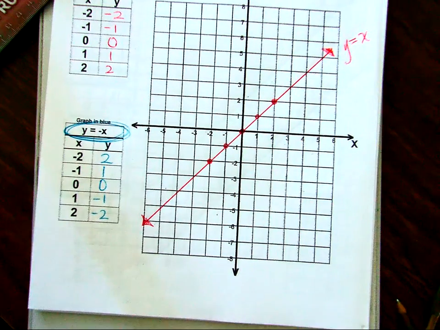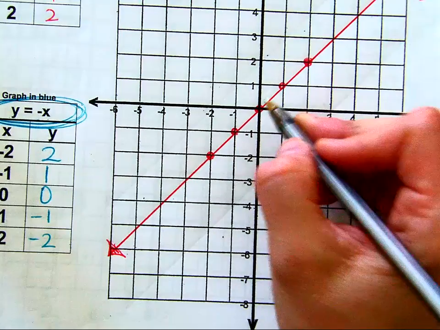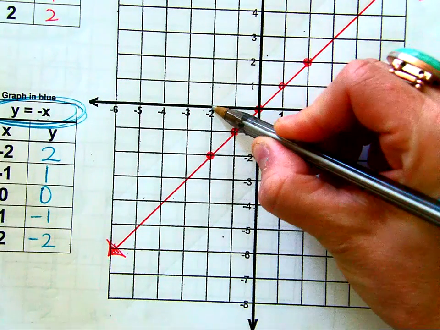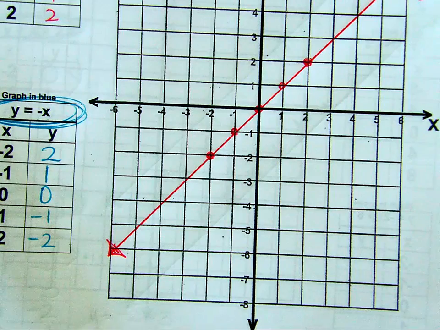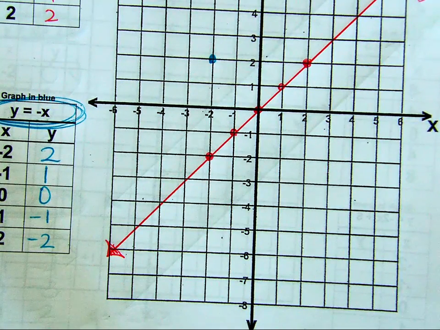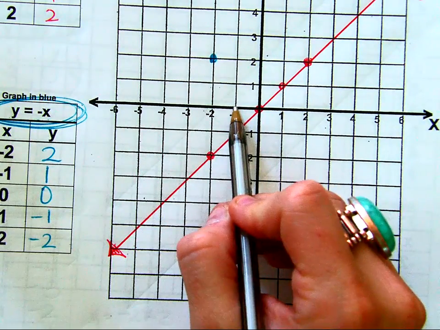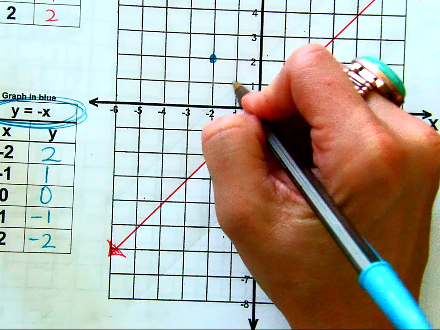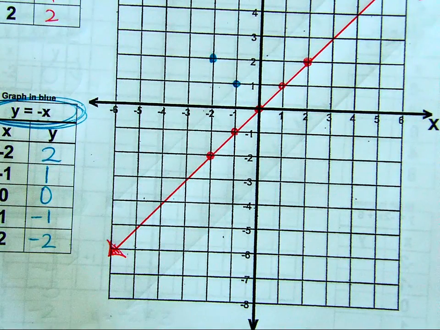We go 2 to the left, but this time we don't go 2 down, we go 2 up. All right. We go 1 to the left, but we go 1 up. Looks like she's into something. 0, 0 is still through the origin. 1, -1.